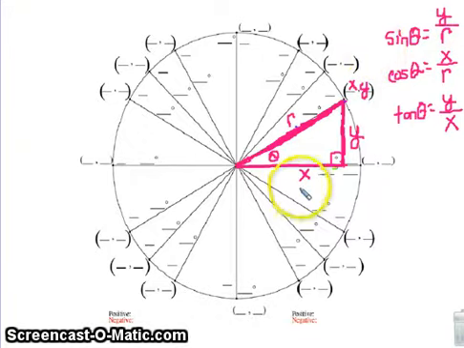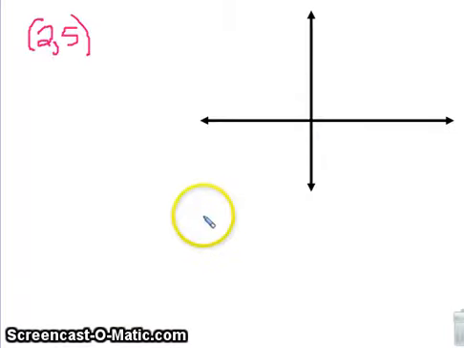This is a relationship that you want to memorize. You definitely need to know that your sine goes with the y coordinate, cosine goes with x over your radius, and tangent is y over x. So the last problem today that I want to look at is if I give you the coordinate 2, 5, can you figure out what angle measurement we would be at? 2, 5 obviously means that we are going to come out 2 units from 0.